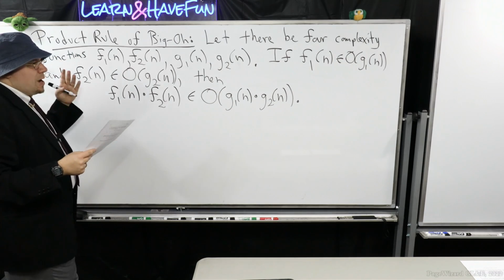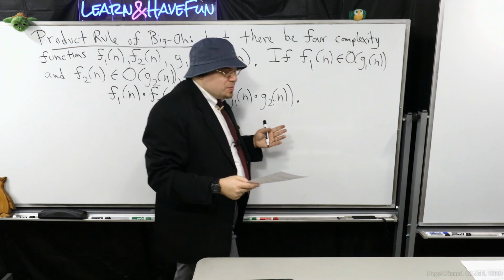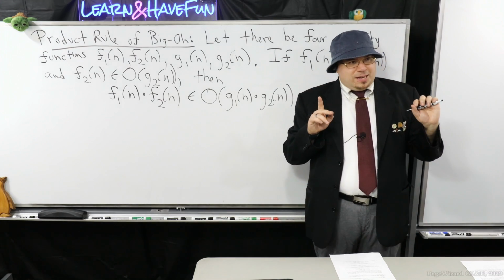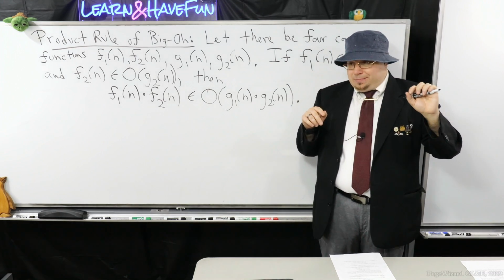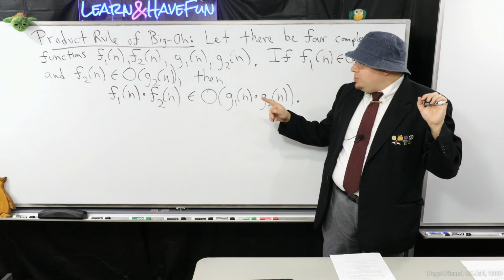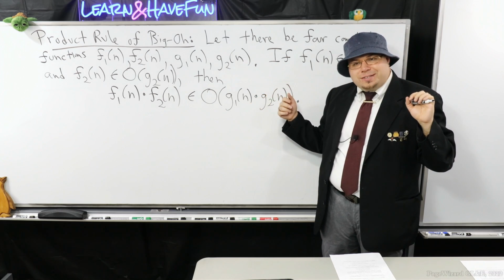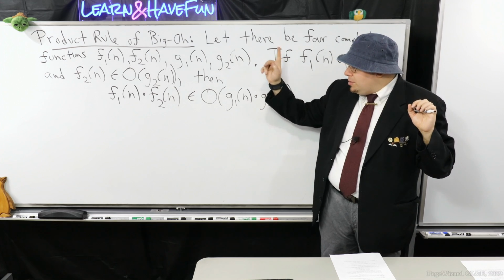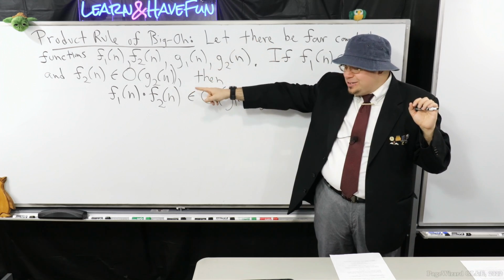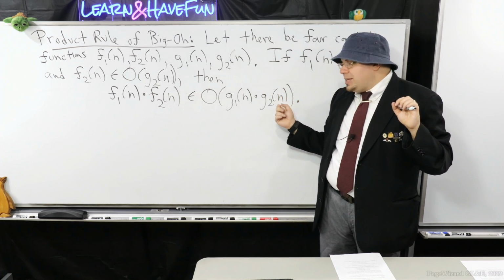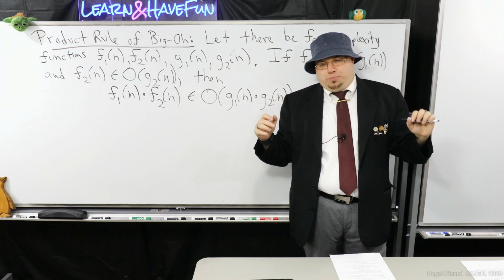But you might ask, Dan, why would we care about this product rule? Well, I'm going to give you a setting that comes more from programming. Suppose that g1 and g2 are total numbers of operations that happen, one involving f1, and the other involving f2 in relation to g2. Suppose you have a nested loop.